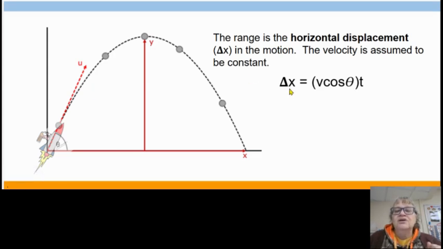So just like with the horizontal, we had that the range is equal to the velocity times time. Here it's delta x: the horizontal displacement is equal to that initial velocity times cosine theta, and then times time. So this is that x component of the velocity.